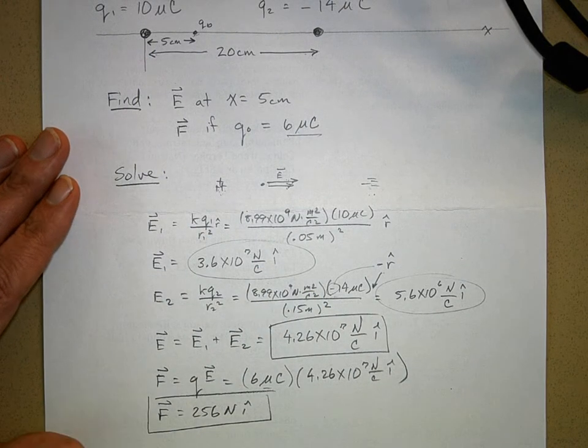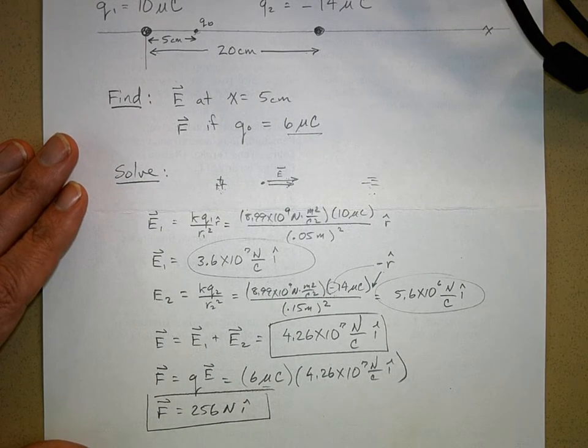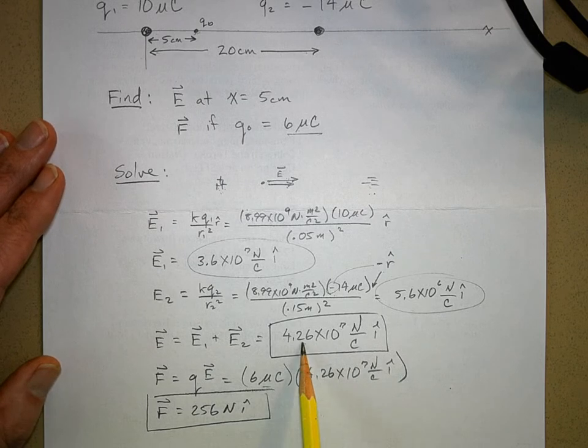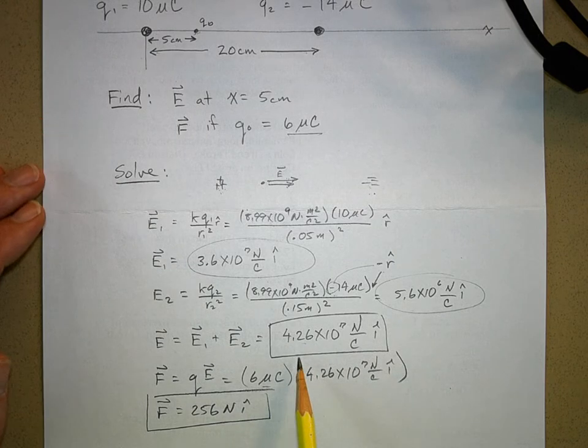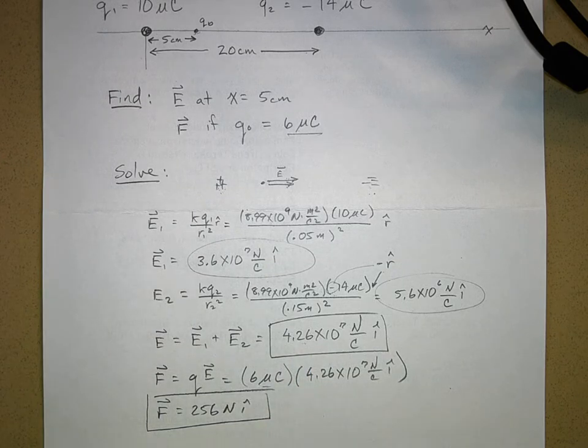I know it doesn't make that much of a difference, but I got 4.16. You got 4 point what? 16. Did I add it wrong? Could be. I worked this out ahead of time so that I wouldn't have this issue, and then look what happened.